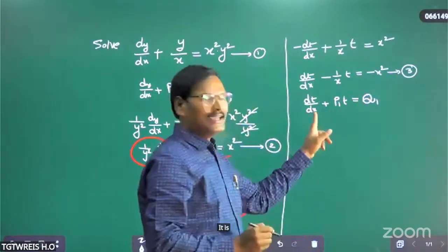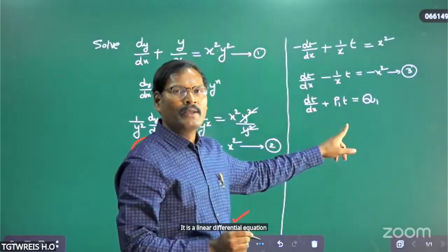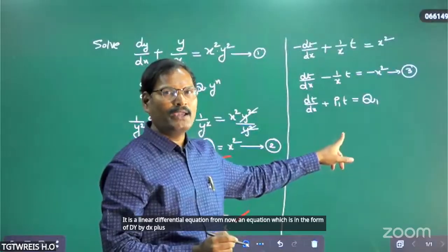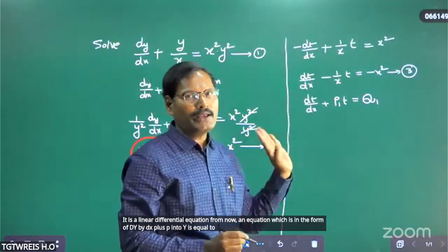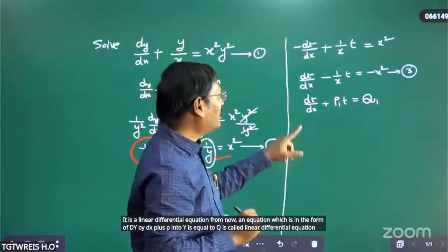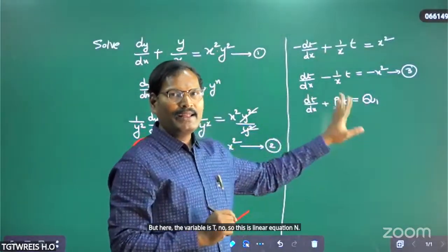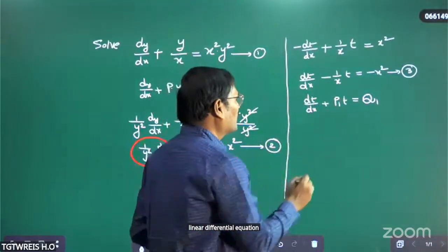An equation in the form dy by dx plus p into y is equal to q is called a linear differential equation in y. But here the variable is t now, so this is a linear differential equation in t.